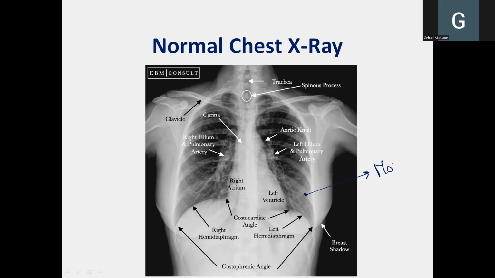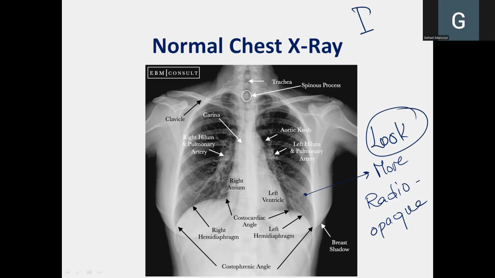Don't say because they are more radio-opaque, because all the bones have the same density and therefore are equally radio-opaque, but they look more radio-opaque because don't forget that you take a postero-anterior view of the chest, meaning that the device is put behind the chest. Of the X-rays are coming from behind, so those posterior ribs are better visualized.